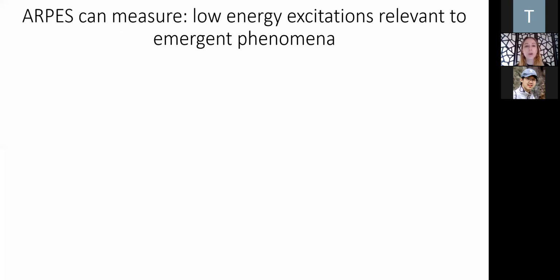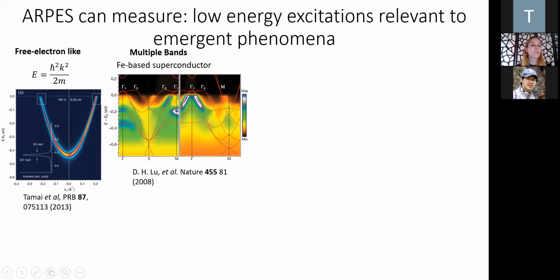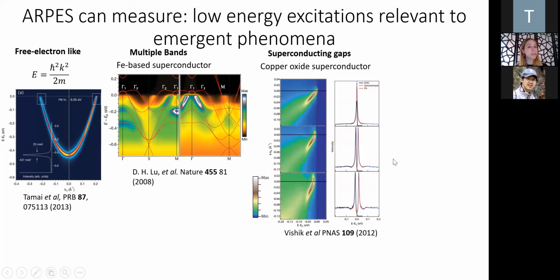More broadly, ARPES measures a wide variety of emergent materials phenomena. Sometimes it can measure the free electron-like energy versus momentum behavior in simple metals. Some materials have many bands, many energy and momentum states that electrons can exist in, and it can measure that. For superconducting gaps, that's the energy to break apart a Cooper pair.